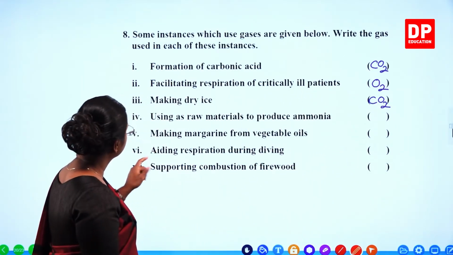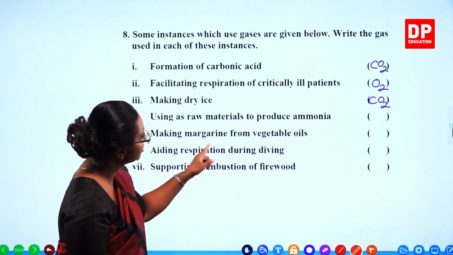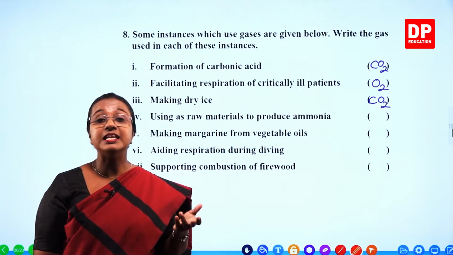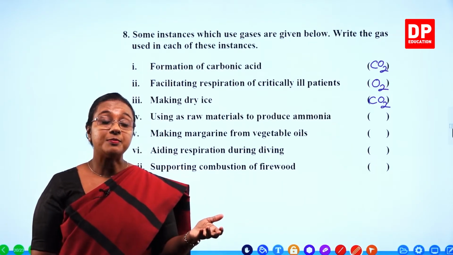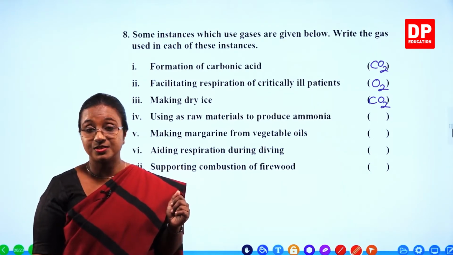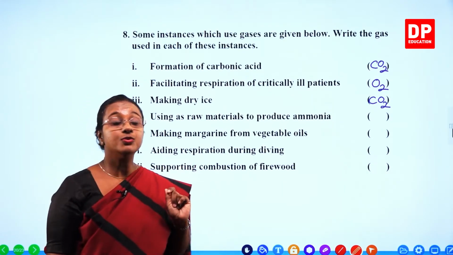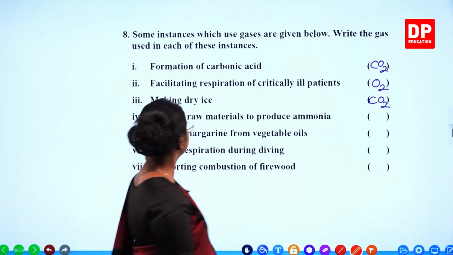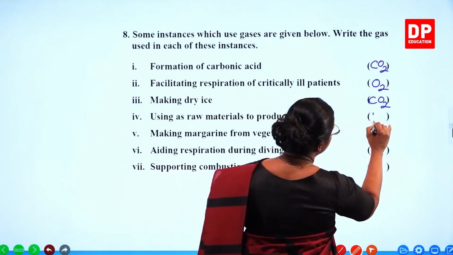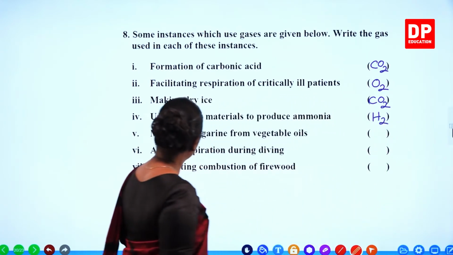Then the fourth one, using as raw materials to produce ammonia. What is ammonia? Ammonia is NH3. So to produce ammonia, we need to react nitrogen gas with hydrogen gas. So there we need to use hydrogen gas. Using as raw materials to produce ammonia is H2 gas.